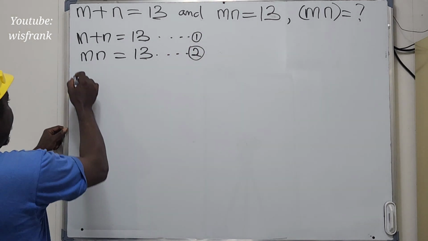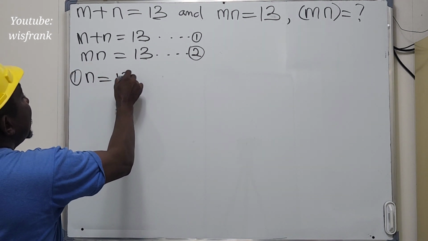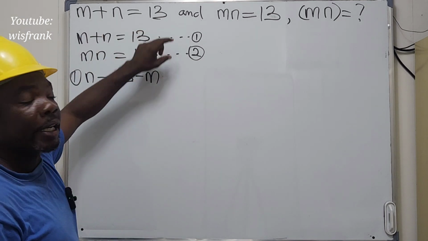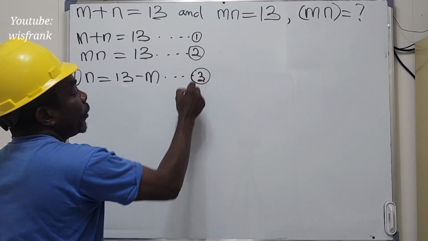Then from equation 1, this will give us n equals 13 minus m, because when m transposes to the other side, it becomes negative m. So this will be called equation 3.